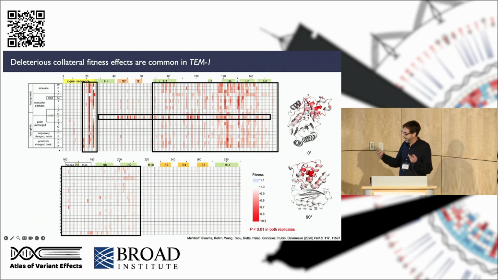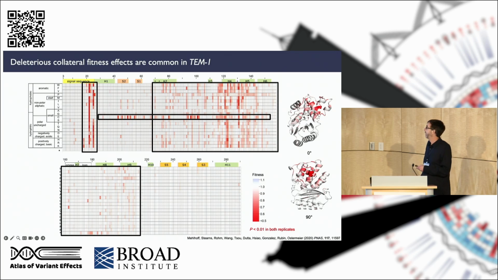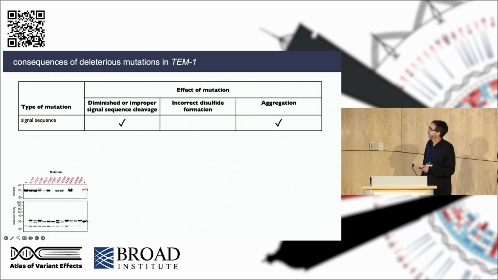And so you might expect that this has something to do with reduced stability of the protein or reduced folding rates, perhaps causing aggregation. And if you thought that, you would be right. So we looked at what's happening with the mutations. For the signal sequence, what they cause is diminished or improper cleavage of the signal sequence and aggregation.